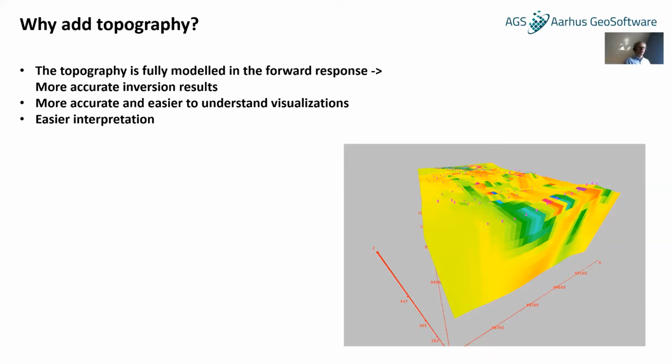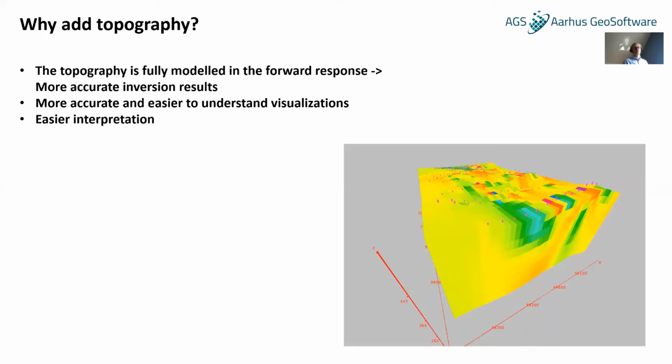The second reason for adding topography is that it will make the inversion results look more natural. So if you have made a survey in an area with topography, then the end user, the customer, will also expect the final models to reflect the topography of the area. So when you look at the models, it is easier to relate them to the real world when you have added the topography.